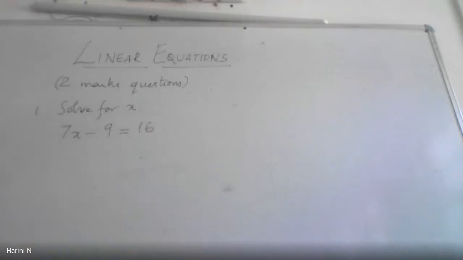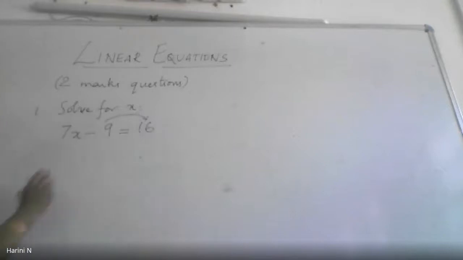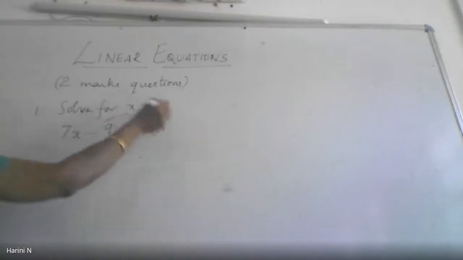Only one variable is sitting here. There is a constant term, and on the right hand side you have another constant term. So what is it that you have to do? You have to transpose the constant term to the right side. Because it is a subtraction here, it will go as an addition.